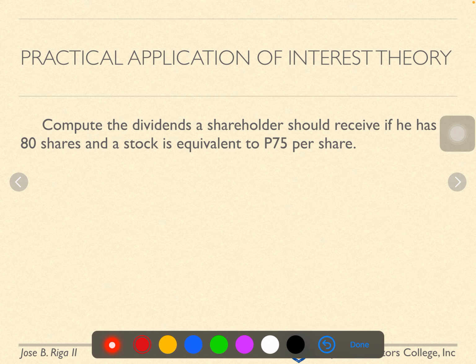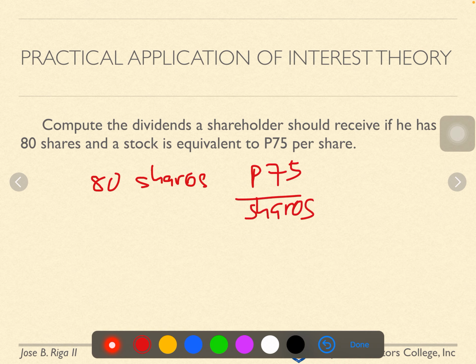So 80 shares times 75 pesos per share, and you will have 6,000.